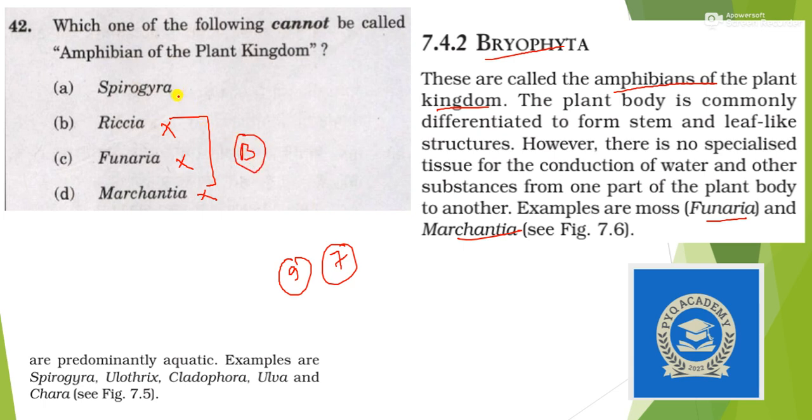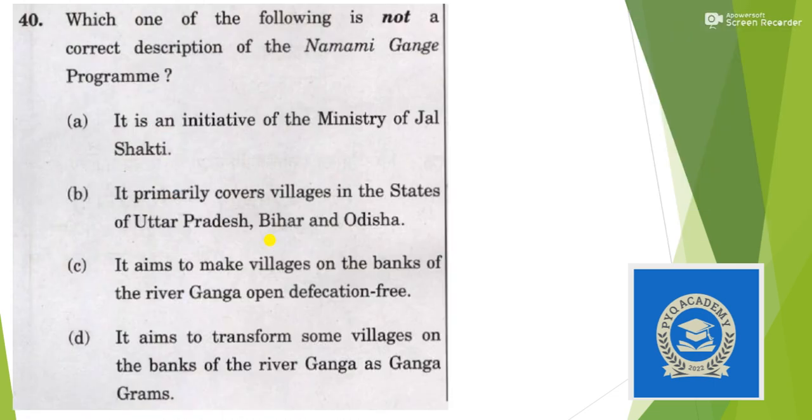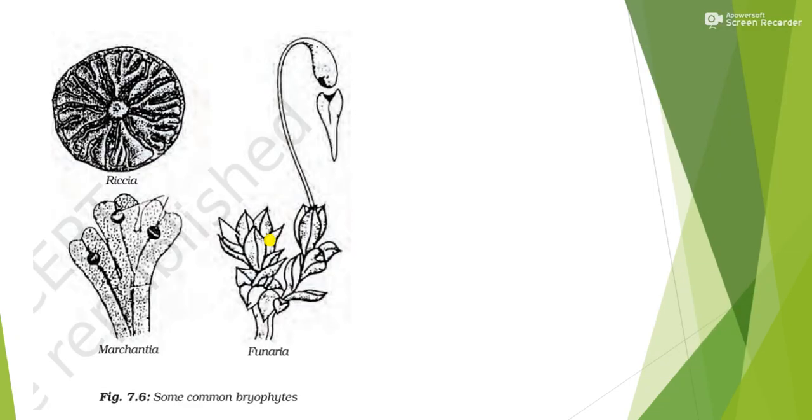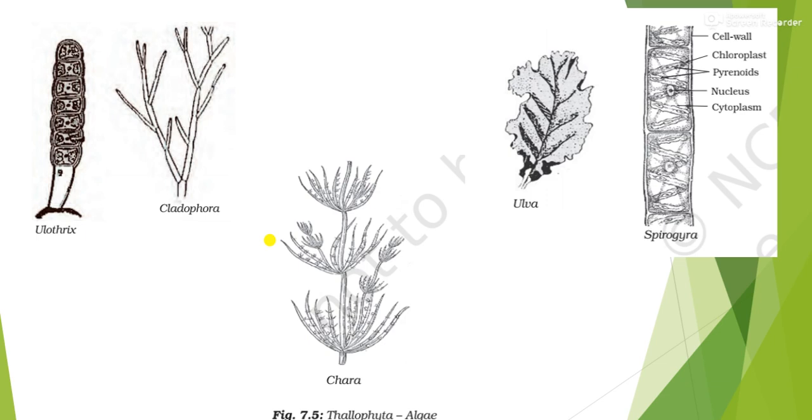Okay, so definitely we are left with Spirogyra, and yes, Spirogyra is not part of Bryophyta. They are part of, I think, wait a minute, Thallophyta. Yes, they are part of Thallophyta. You can see here these are the parts of Thallophyta. So Ulothrix, Cladophora, and then Ulva, Chara and Spirogyra, these are part of Thallophyta.